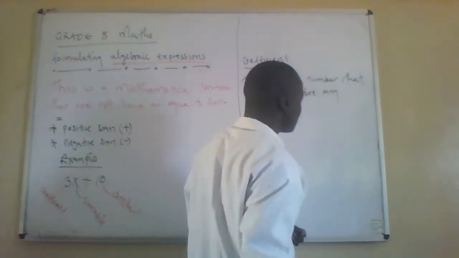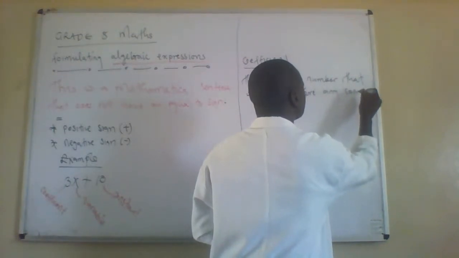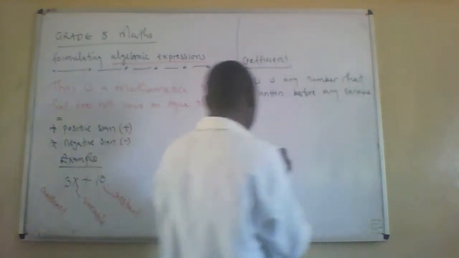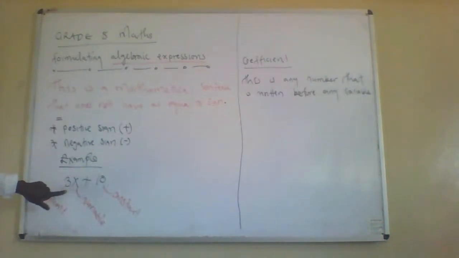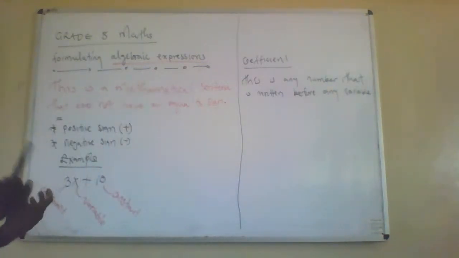If you look at the number which is written before the variable x in our case, it is 3. So we can say 3 is our coefficient.